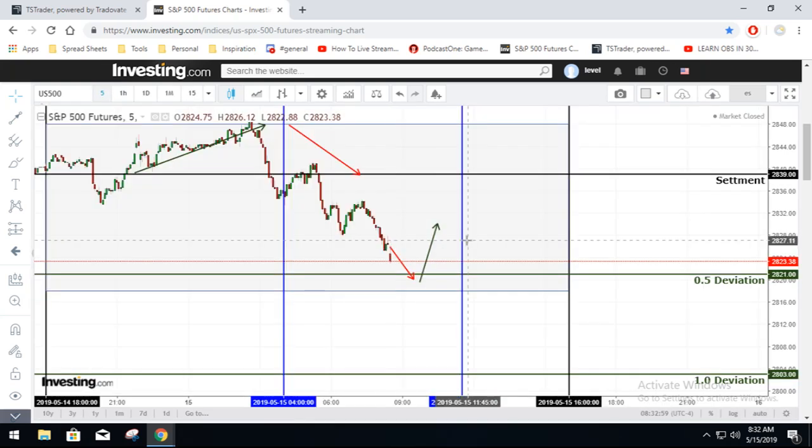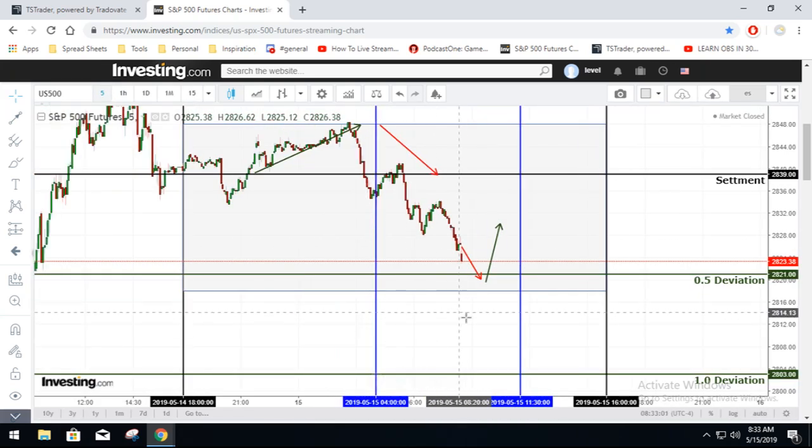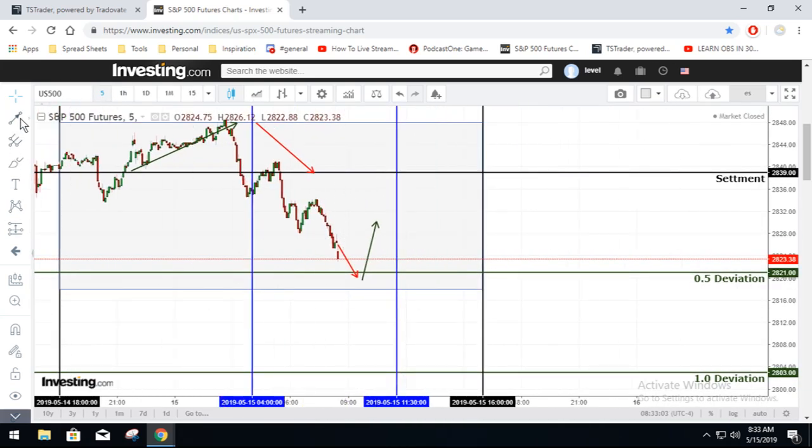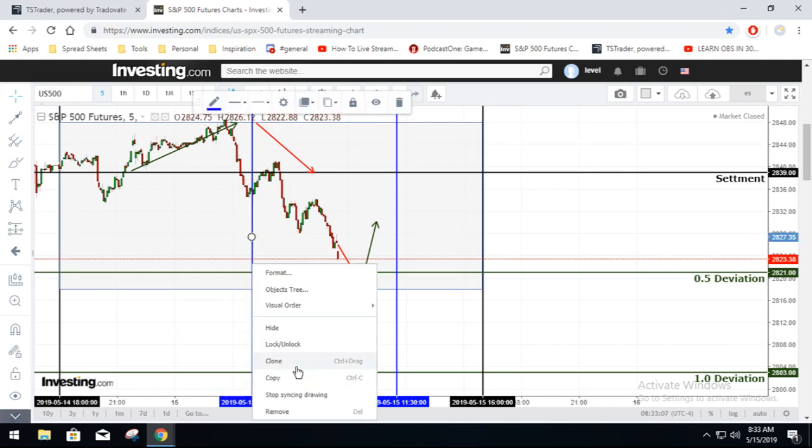Go to a 5 minute chart so you can clearly see what we're looking at. So we have the yellow line, which is news.